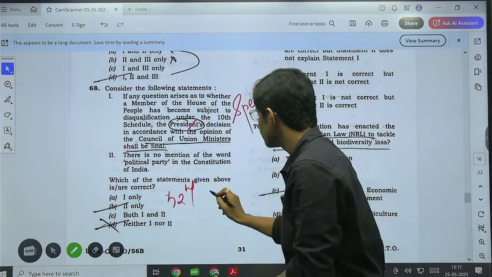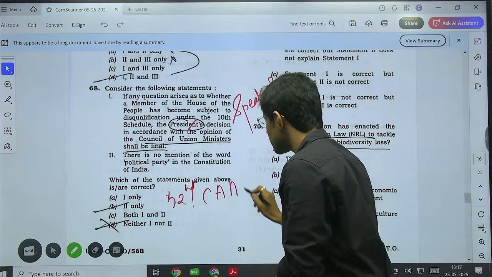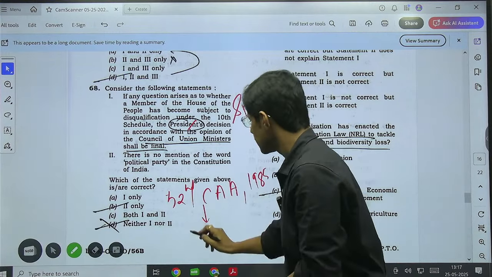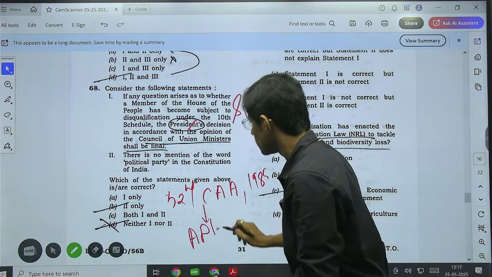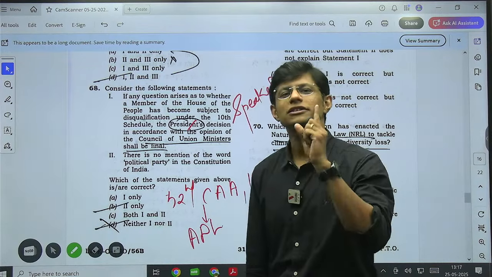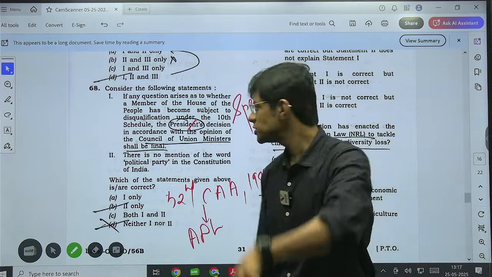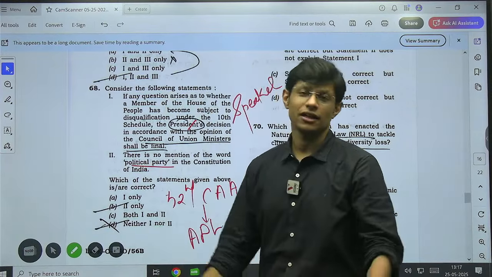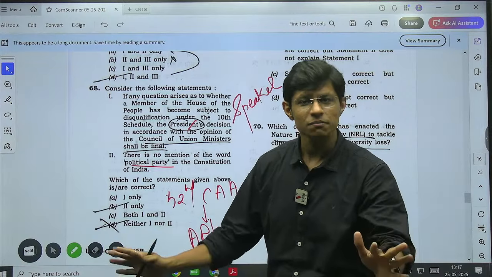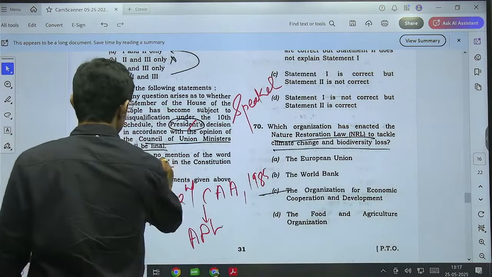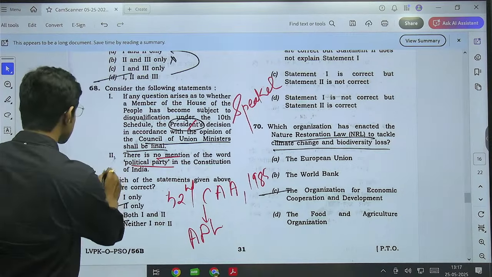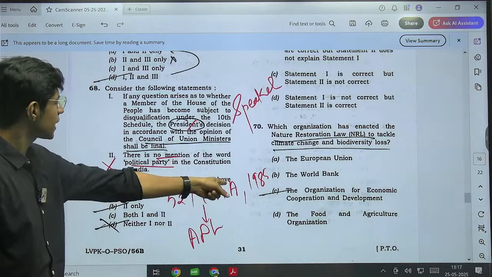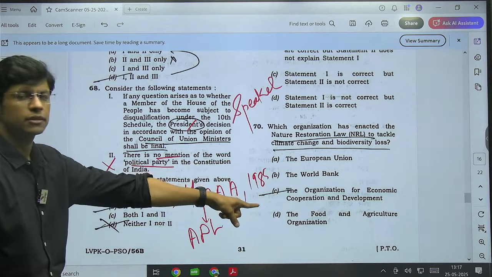But if you look at the 52nd Constitution Amendment Act 1985, which is about anti-defection law, it mentions political party, which means it is a part of the Constitution. Simple. So the claim that there is no mention of the word is incorrect. It is mentioned in the Constitution via the 52nd Constitutional Amendment Act, right?